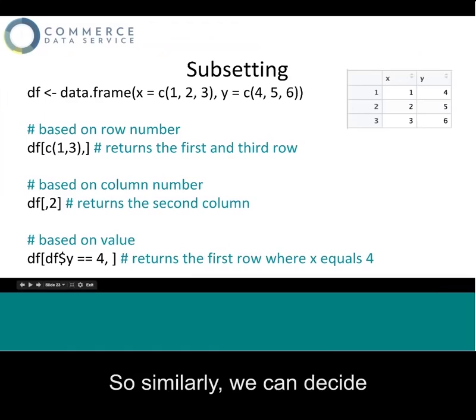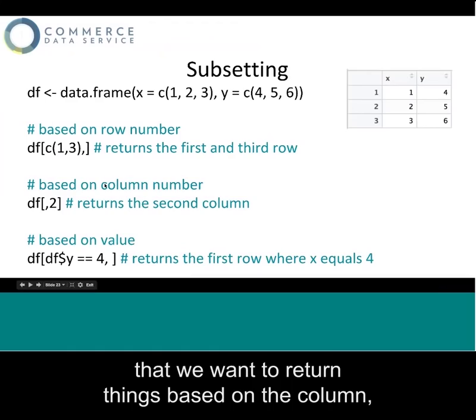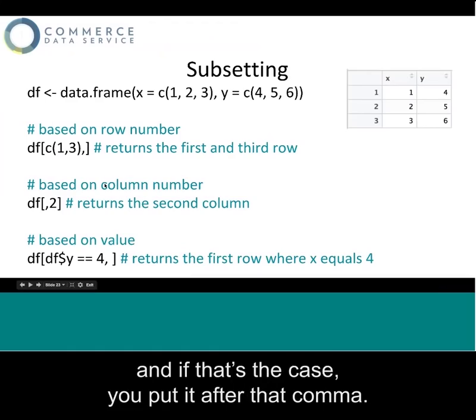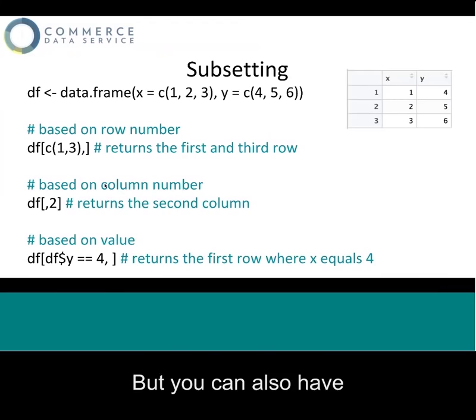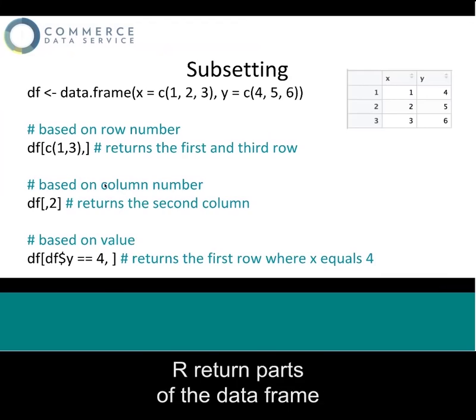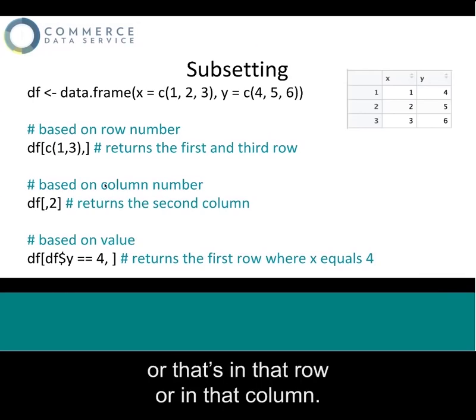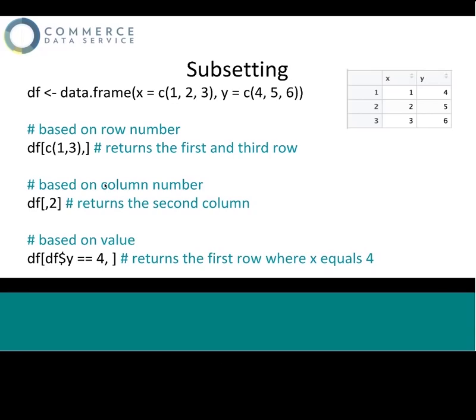So similarly, we can decide that we want to return things based on the column, and if that's the case, you put it after that comma. But you can also return parts of the data frame based on the value of the elements in that row or in that column.